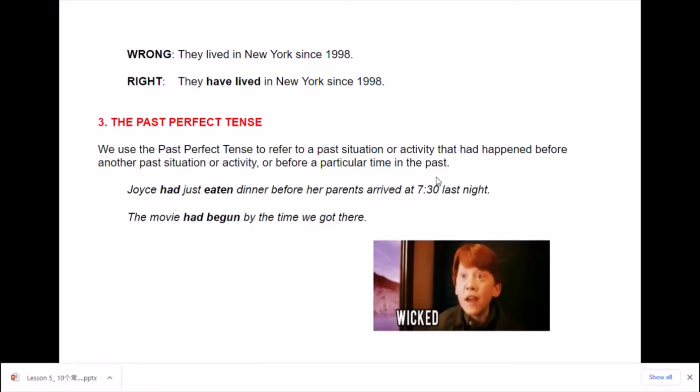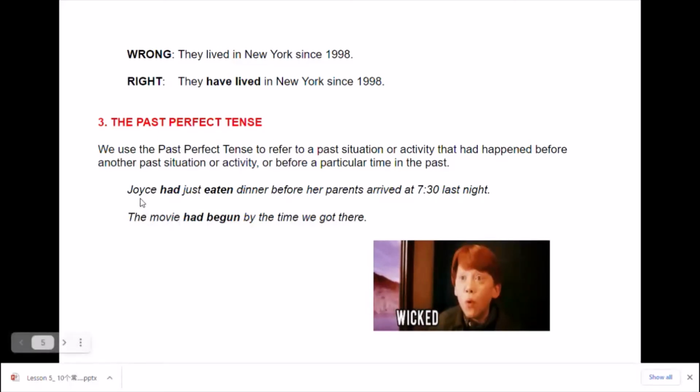In other words, if we want to use the past perfect tense, that means there are two actions happening. One happens in the past, but there is another action that had happened before that. It's called the past before the past. Therefore, we have to use the past perfect tense.